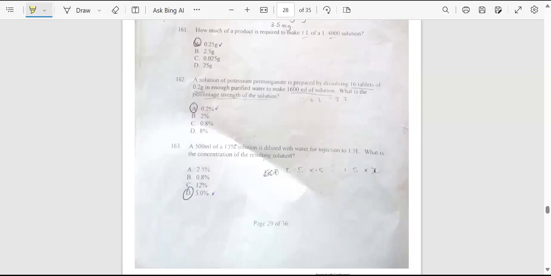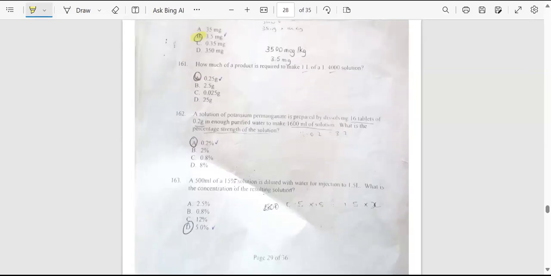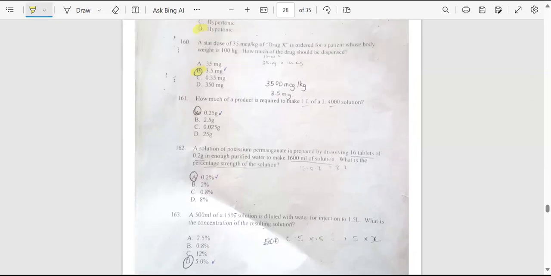No, you're not disturbing anyone. Back to 160. They're saying a start dose of 35 mcg per kg of drug X is ordered for a patient whose body weight is 100 kgs. How much of the drug should be dispensed? If 35 mcg is in 1 kg, what about 100 kgs? Then you find 35 times 100, you get 3,500 mcg.